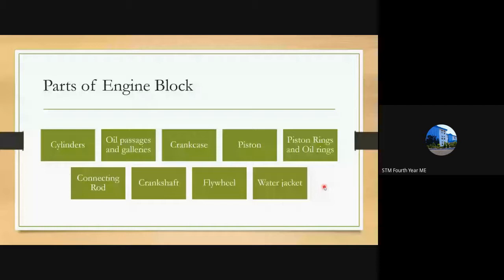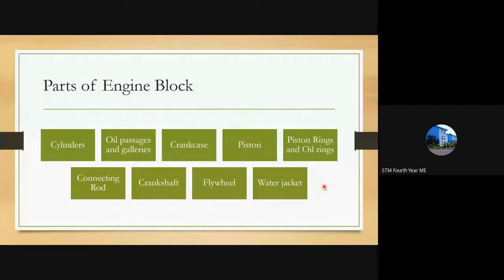Then oil passages and galleries are passages for the lubricating oil present inside the engine. Oil is given to the engine because it is made up of metal parts. When metal rubs against metal, friction is developed, and due to the friction, heat is also generated inside the engine cylinder.